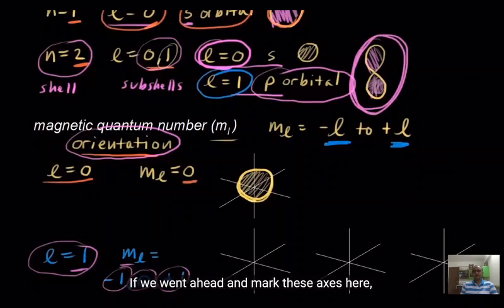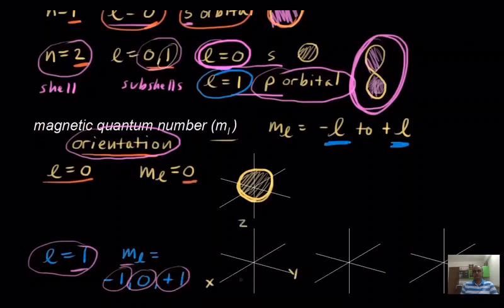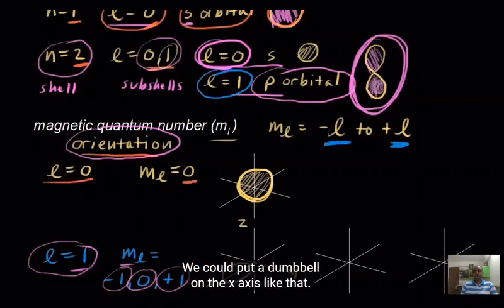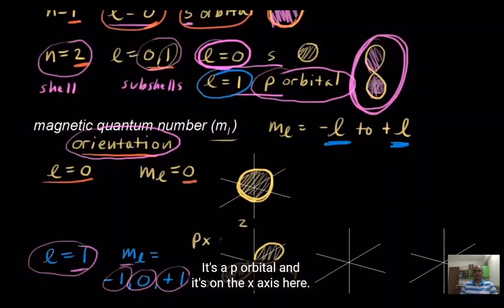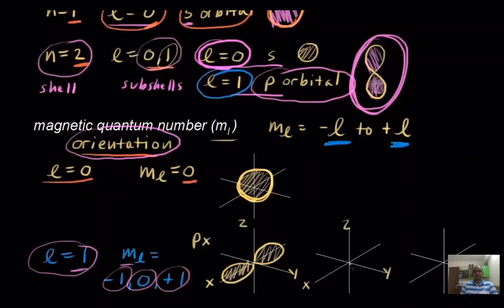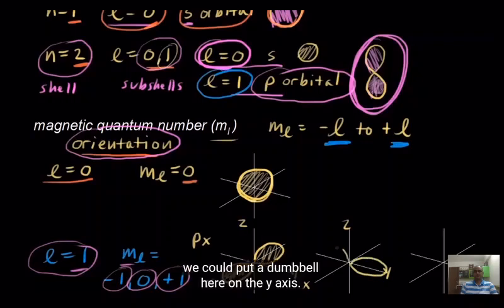Right, so if we put some marks on these axes here, let's just say this is the x-axis, y-axis, and the z-axis here. So we could put a dumbbell on the x-axis like that. So again, imagine this as being a volume. This would be a p orbital. We'd call this a px orbital, right? It's a p orbital, and it's on the x-axis here. We have 2 more orientations, right? So if this is x, this is y, and this is z, we could put a dumbbell here on the y-axis.